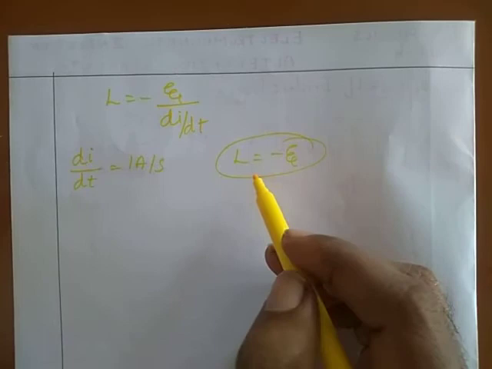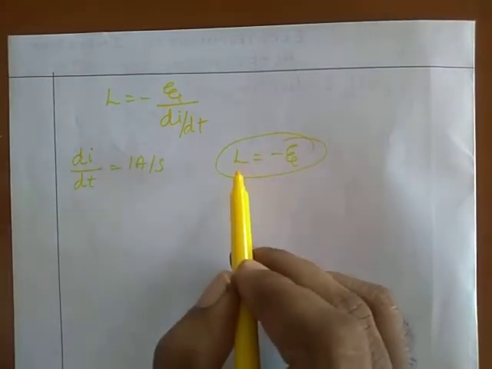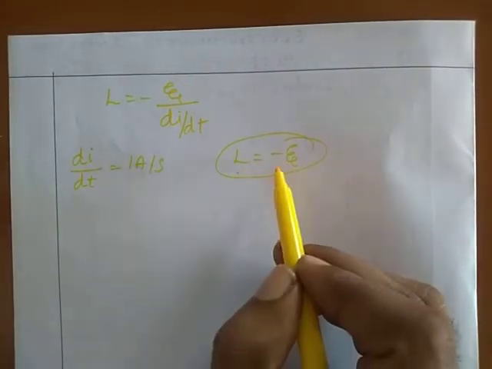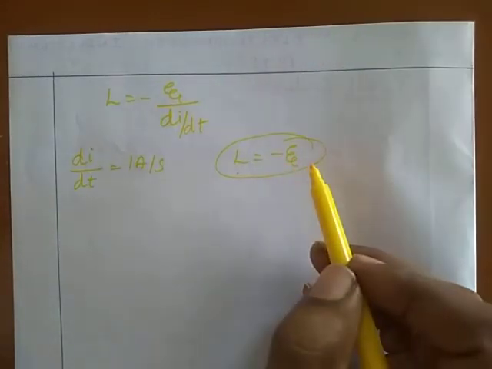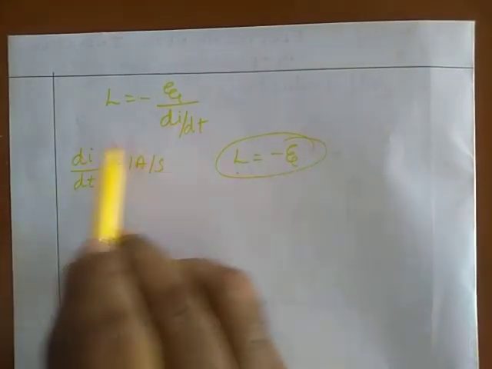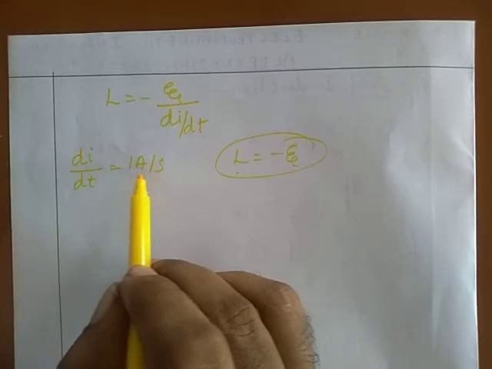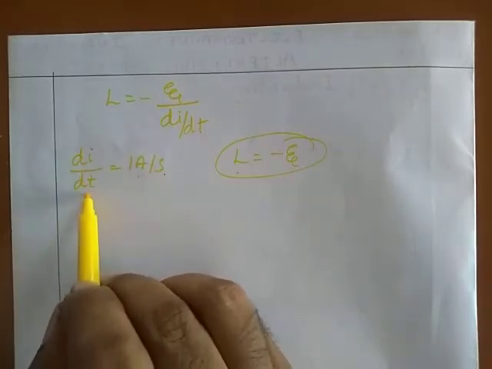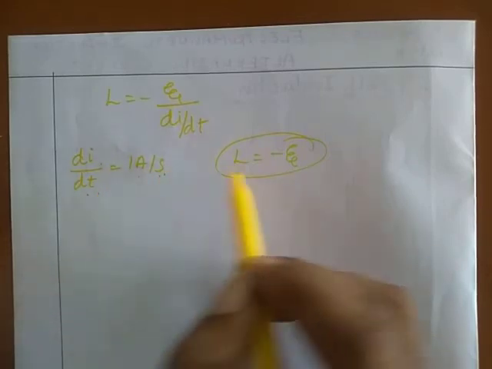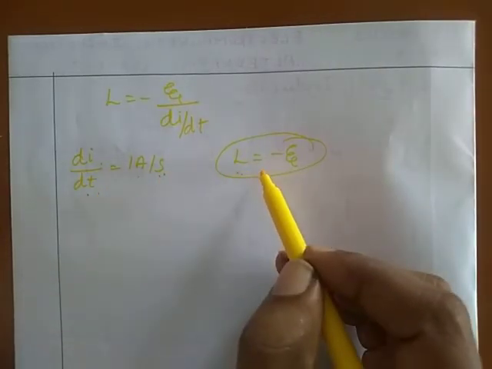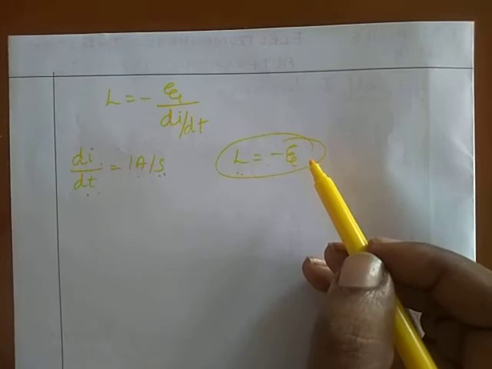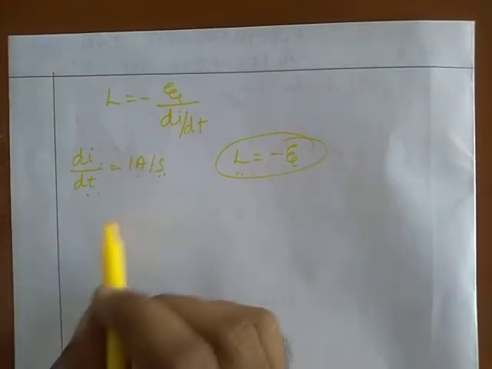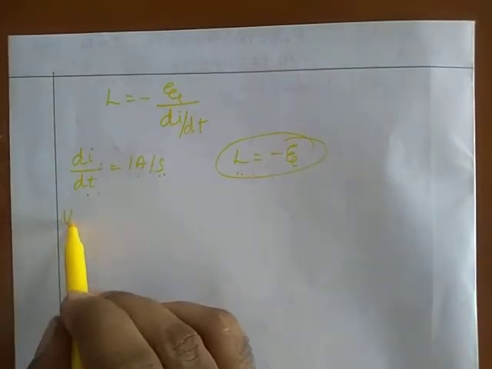Now we can define the self-inductance as the opposing EMF when the rate of change of current through the coil is unity, that means 1 ampere per second. If the rate of change of current through the coil is 1 ampere per second, then the self-inductance is equal to the opposing EMF. Then let me see the unit of inductance.